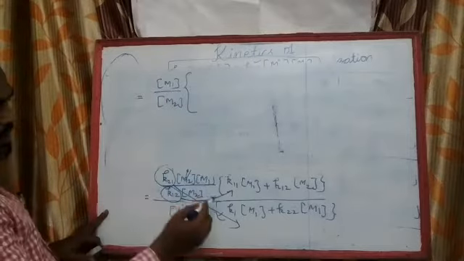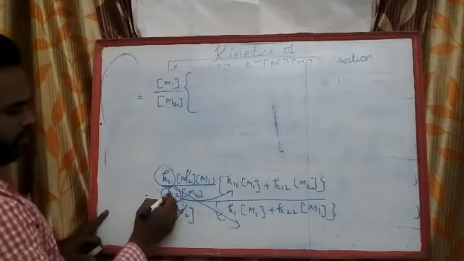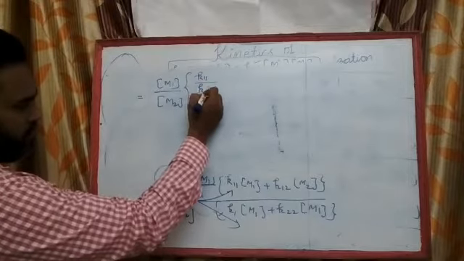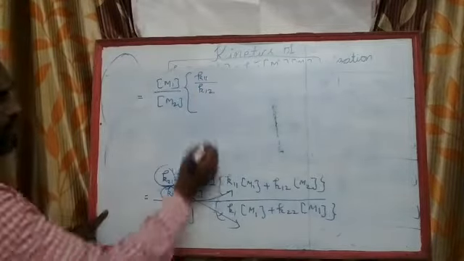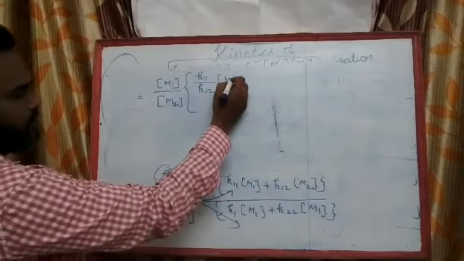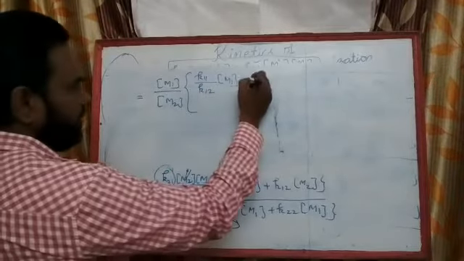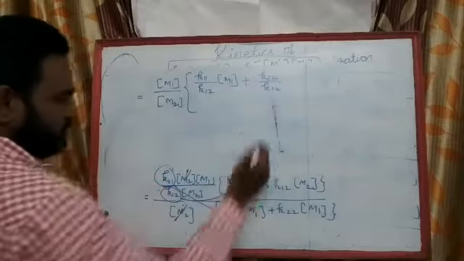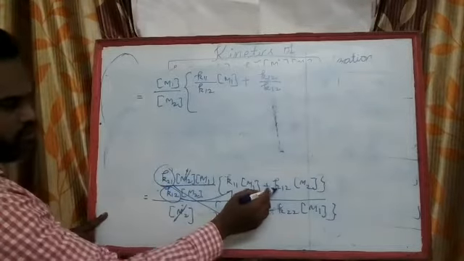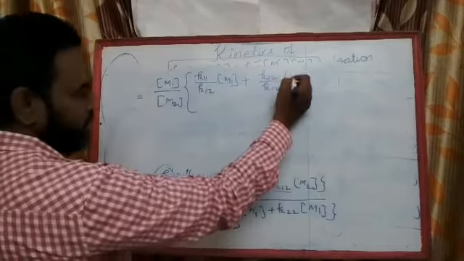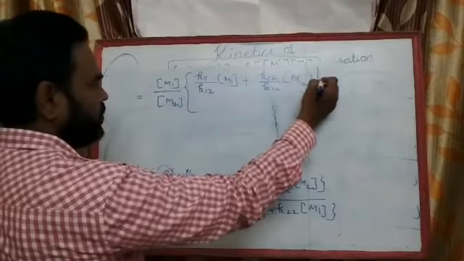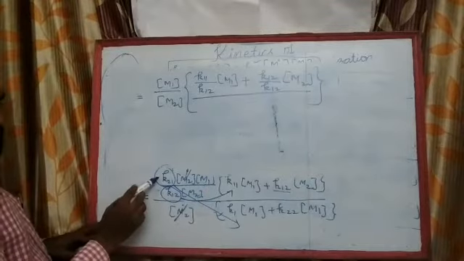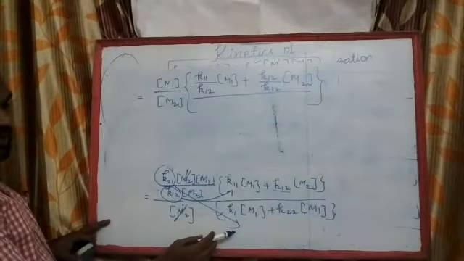M1 by M2. So if I divide this one, K11 by K12 concentration of M1 plus K12 divided by K12. You have to divide this K12 here also. So this becomes M2, whole divided by, so this numerator term comes to the denominator here.